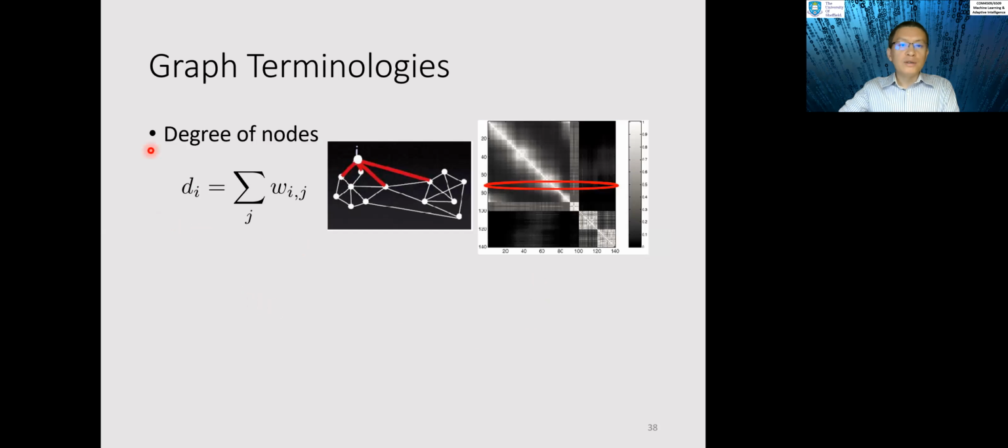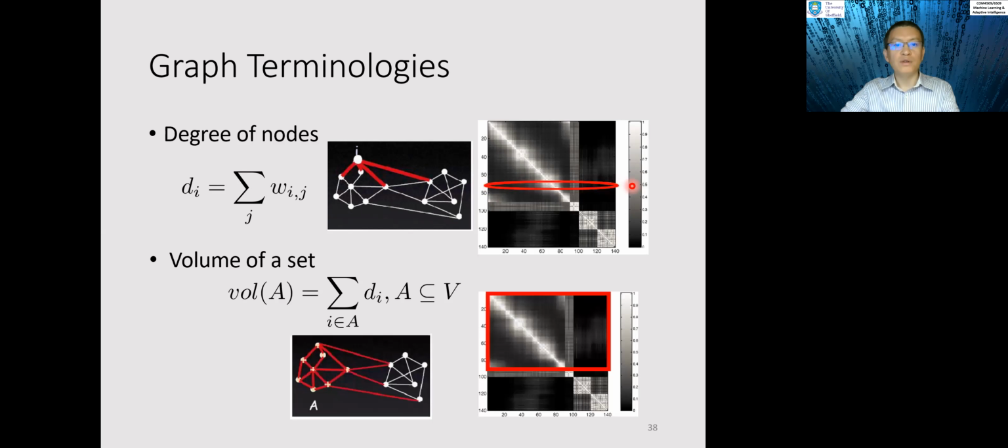And in graph clustering, we have to define some key terminologies. The first one is the degree of nodes. The degree of a node is simply the summation of all the weights connected to that node. So in the similarity matrix, this is equivalent to summing up the whole row corresponding to that node. The second concept is called the volume of a set.